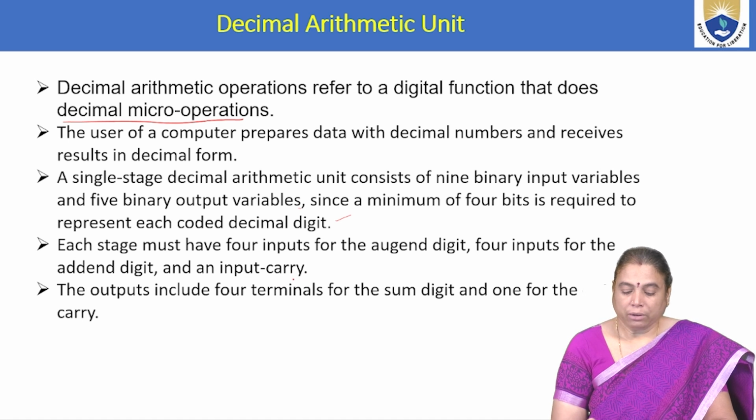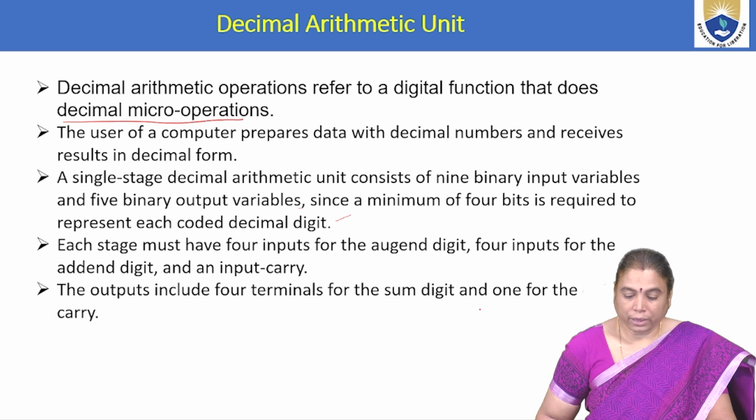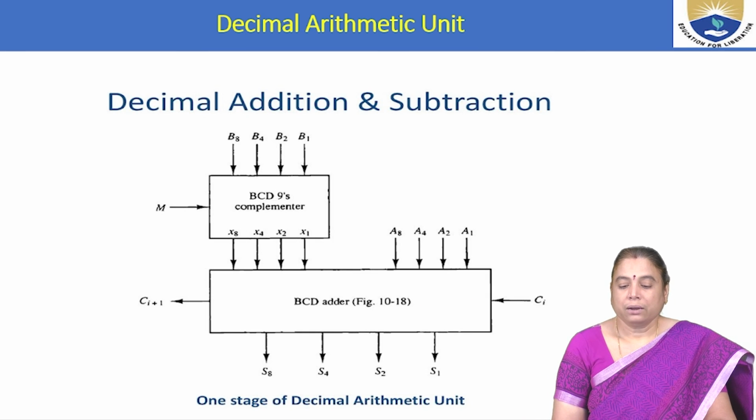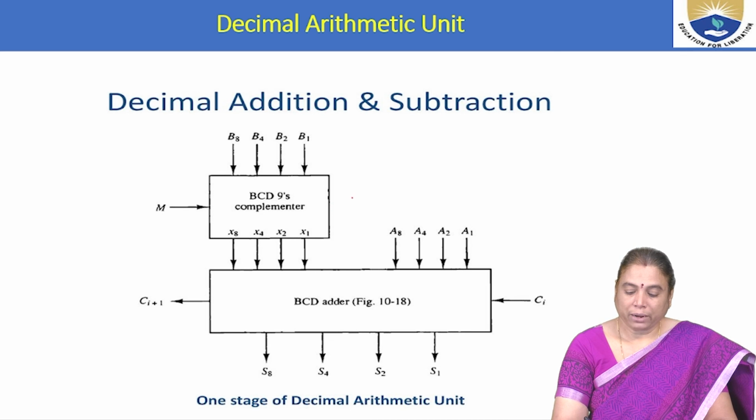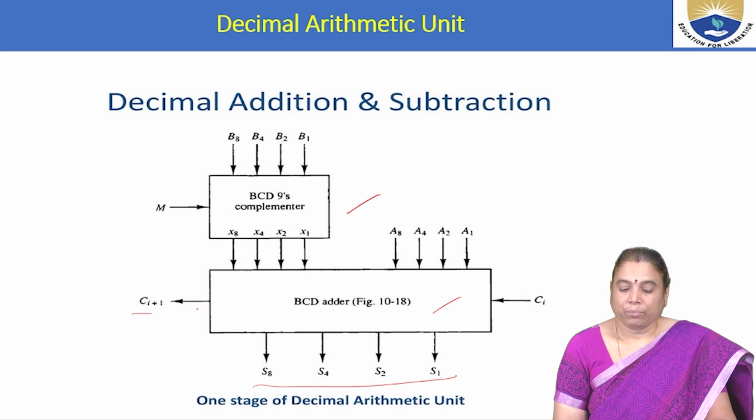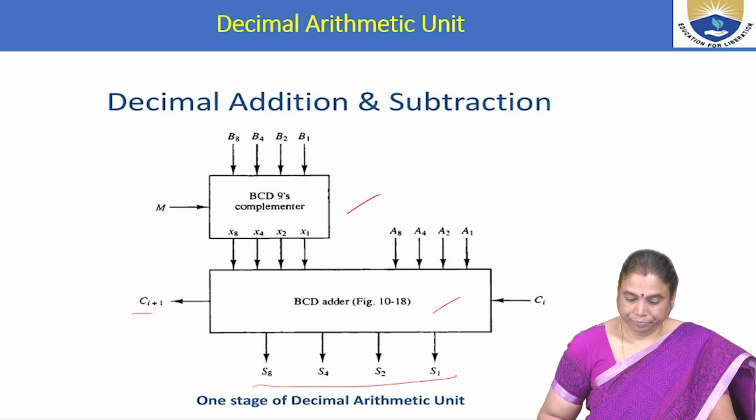The output includes 4 terminals for the sum digit and 1 for the output carry. So this is the decimal arithmetic unit. A BCD 9's complementer and a BCD adder can be used. The augend and addend are given as input in decimal form, and the sum and carry are also received in decimal form.